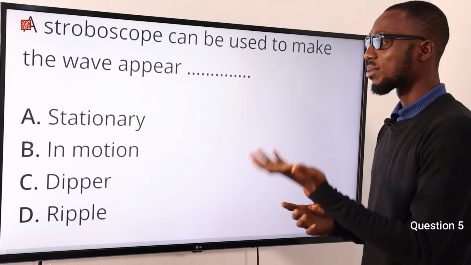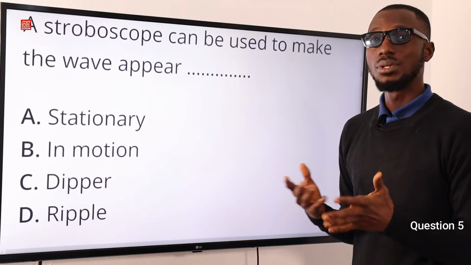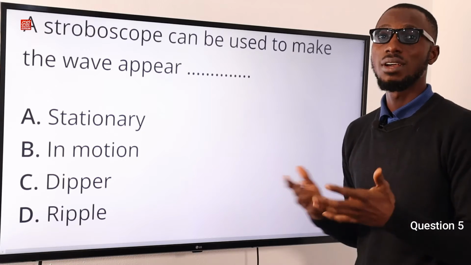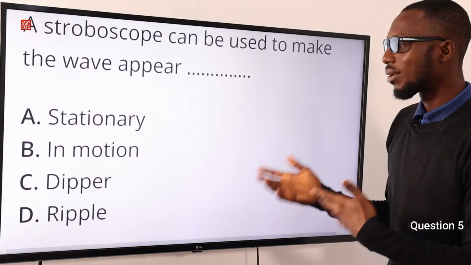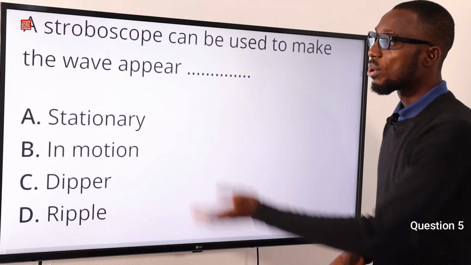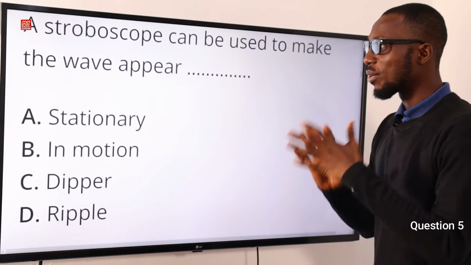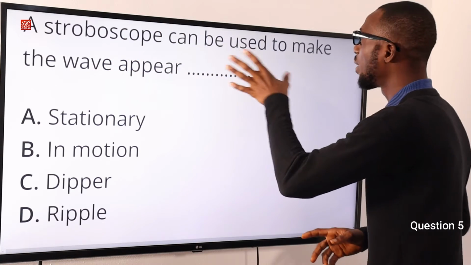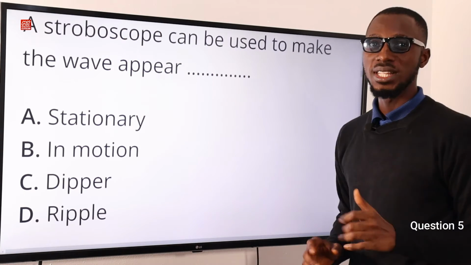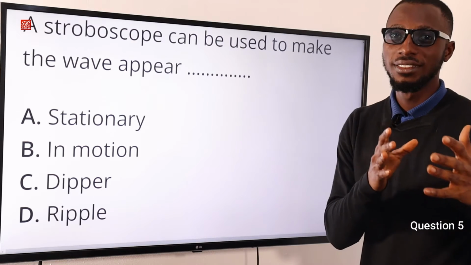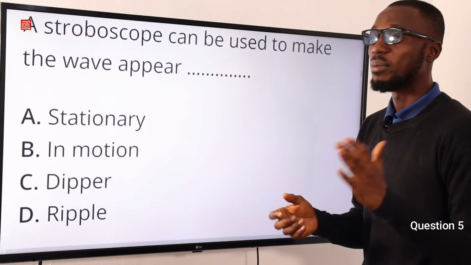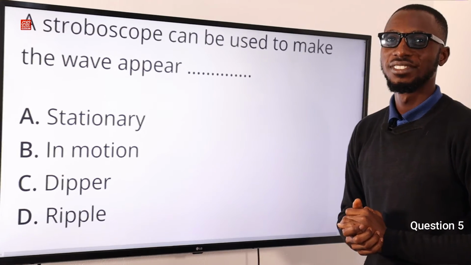The strobe light is also used to measure the rotating speed, or the revolutionary velocity, of a moving object or a moving part. So it can make the wave appear slow moving or stationary. So option A is the correct option.